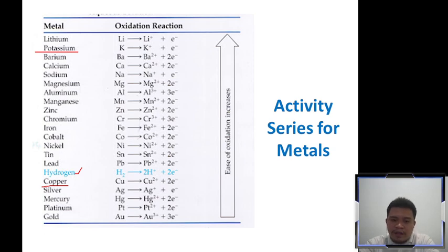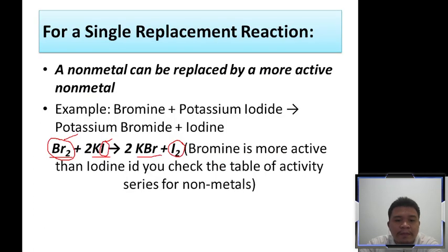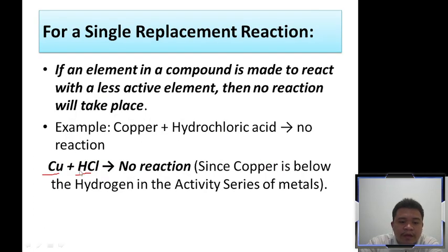So if you check our equation again, hydrogen is much more active than copper. So copper, being the single element here, when it tries to replace H in the HCl, it will not happen because copper is less active than hydrogen. So that's why no reaction will take place.